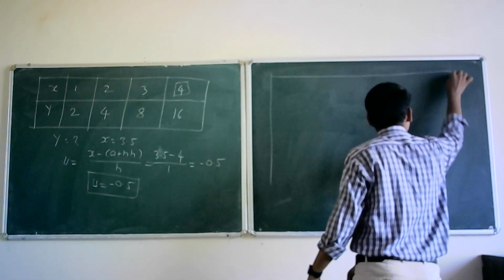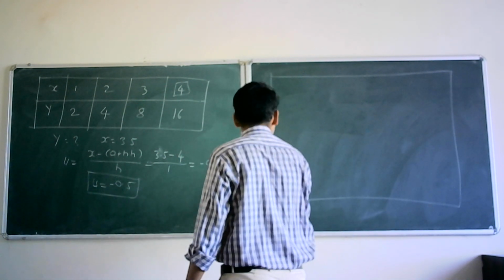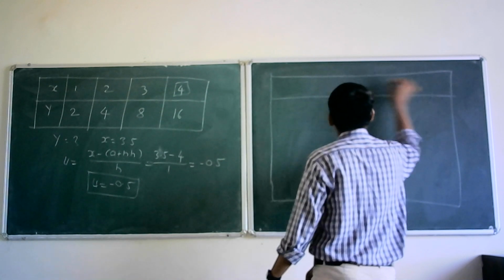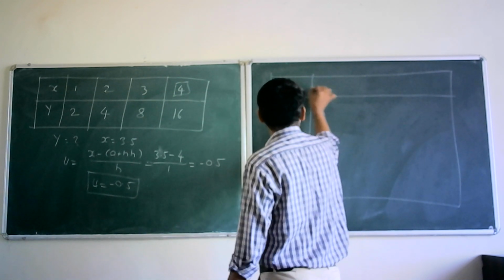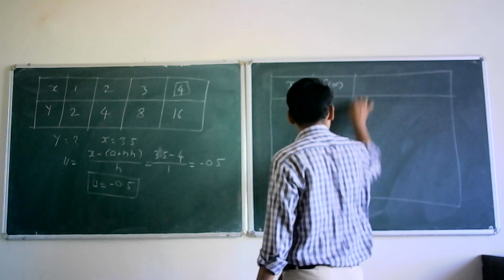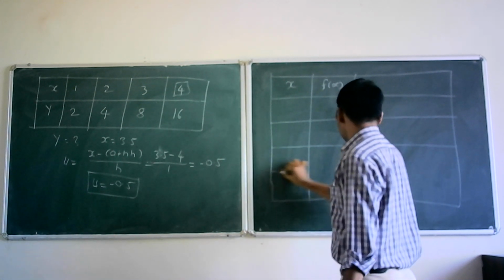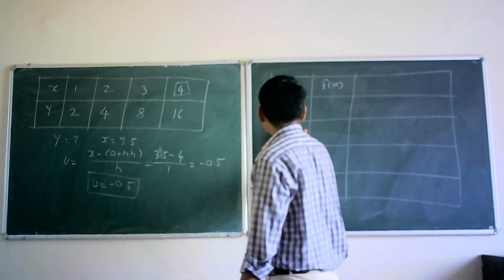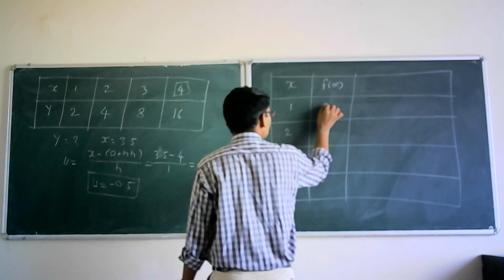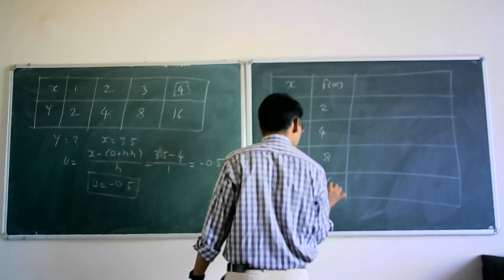Now we want to determine the backward difference table. So this is x, f of x: 1, 2, 3, 4 and 2, 4, 8, 16.